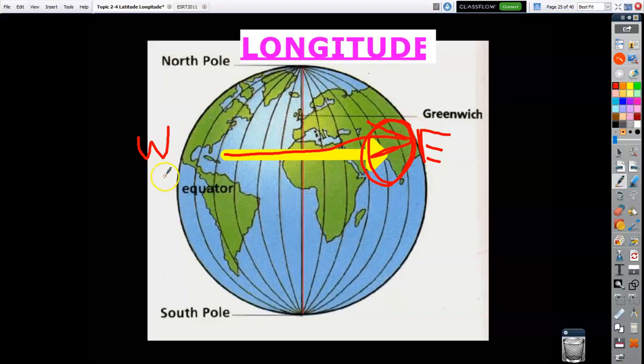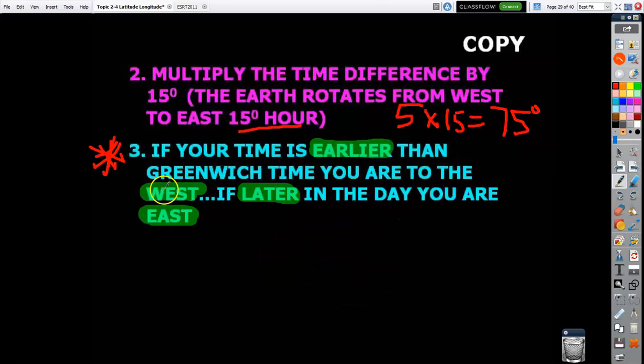If you're earlier in the day than England, you are to the west. And that's where that third step comes in. If your time is earlier than England, than Greenwich, you are to the west. We are earlier than England, so we are west longitude. If you are later in the day than England, you are to the east, right?